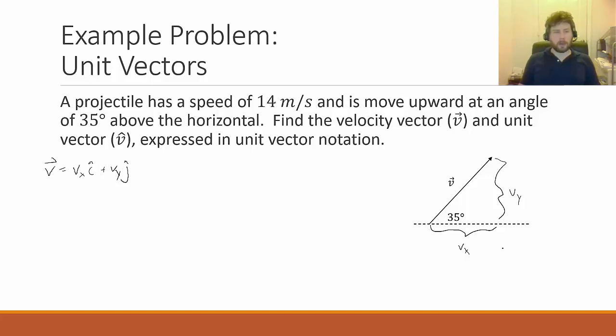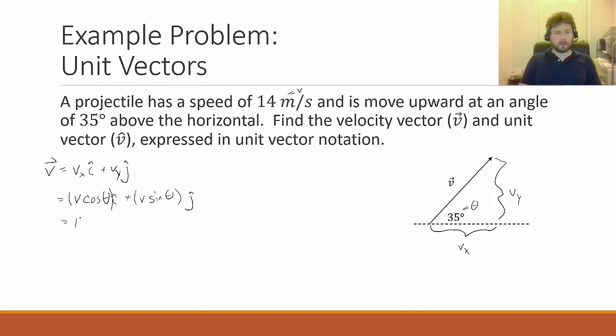Just using basic trigonometry, I know that vx is the magnitude v times cosine of theta, where this angle right here is theta, and vy is v sine of theta, where v is this 14 meters per second.